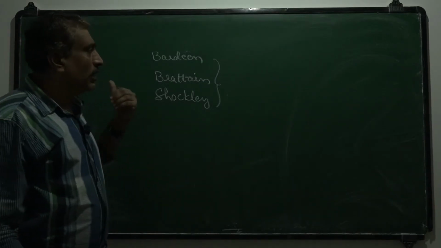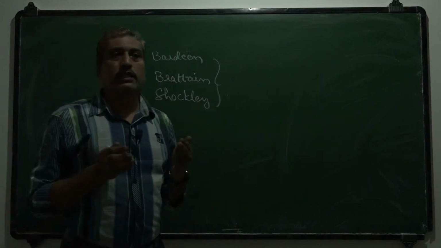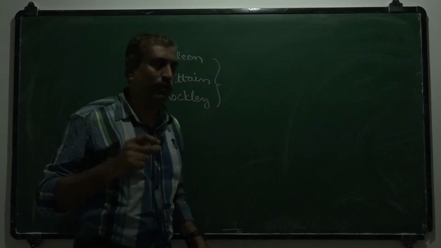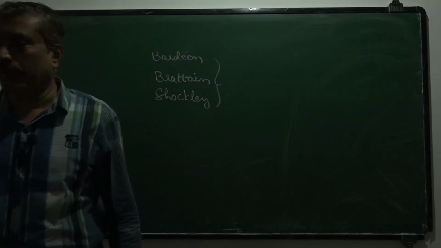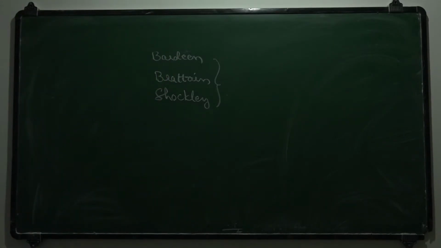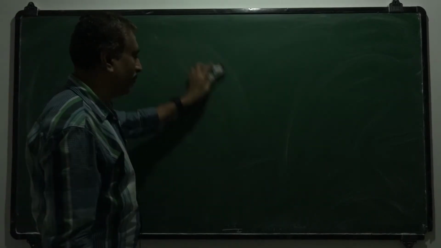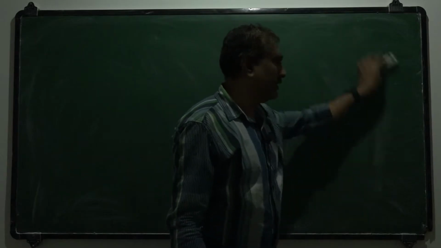What a transistor is: it is two p-n junctions back to back. It consists of two p-n junctions back to back, and the invention of this transistor was revolutionary in the field of communication and electronics. Okay. Now we discuss the transistors.